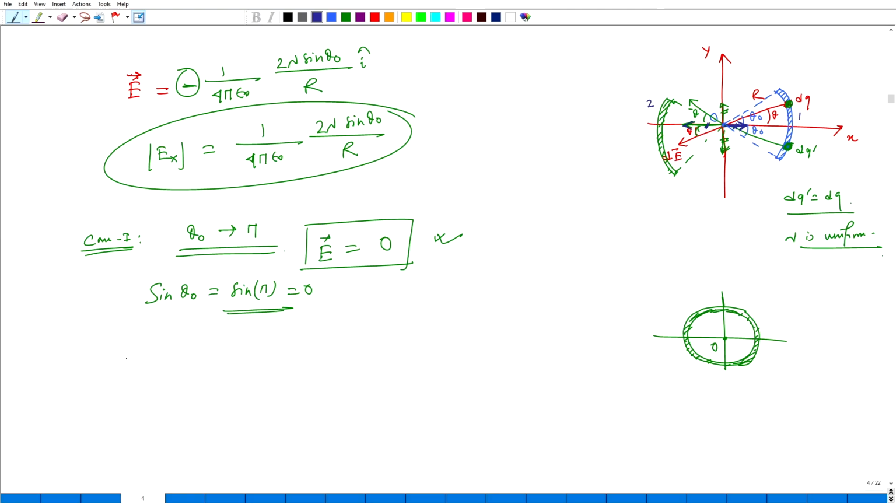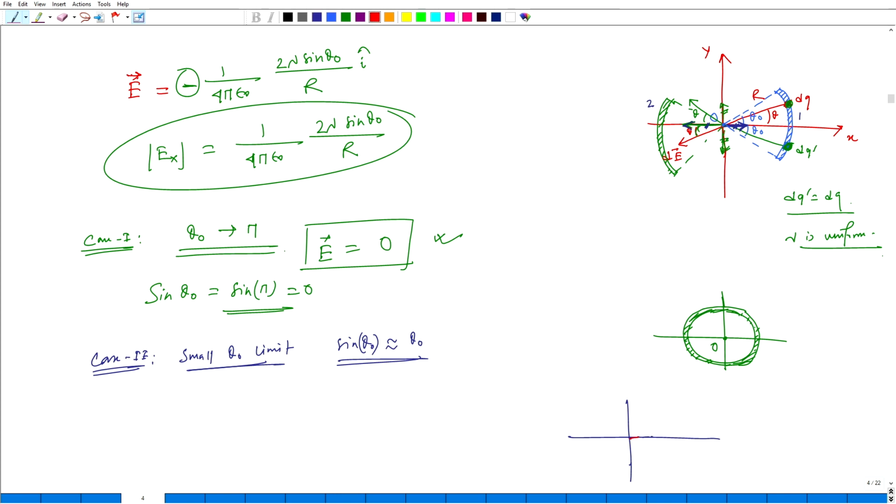On the other hand, case 2: if we consider the small theta naught limit, sin theta naught is nearly equal to theta naught. In this limit, what does the system look like? If we consider theta naught to be small, the system looks like a point charge.